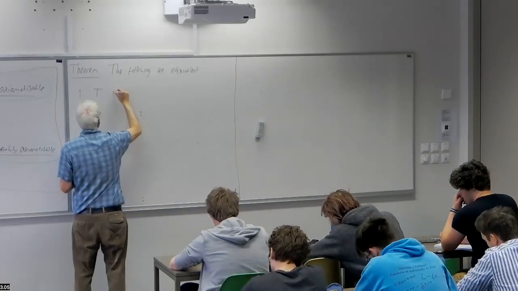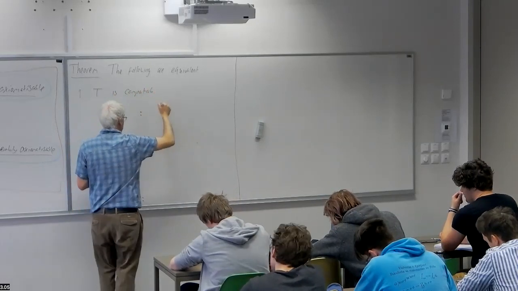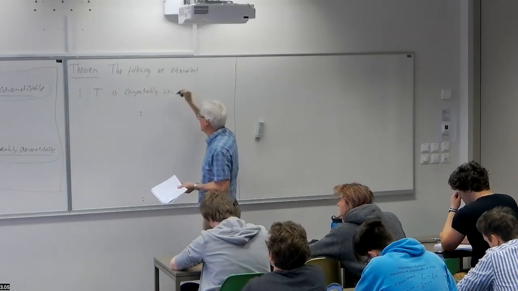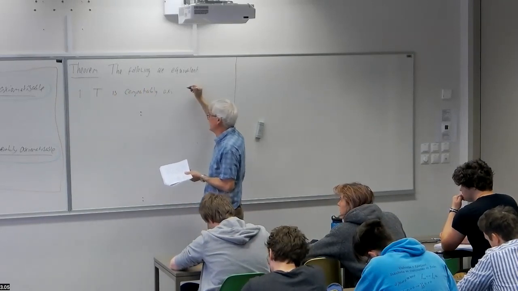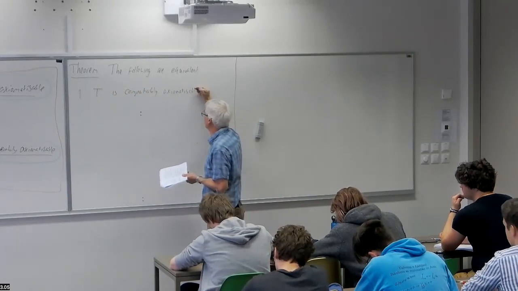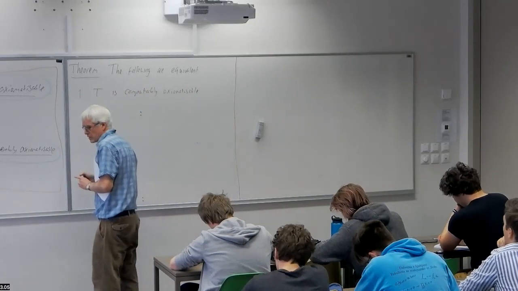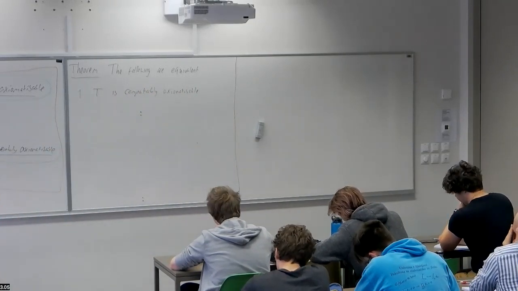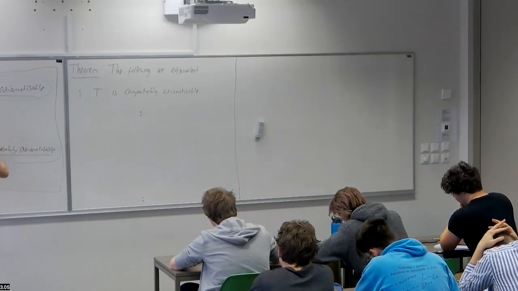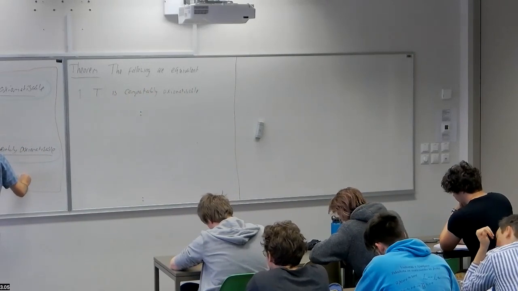One, T is computably axiomatizable. It has a nice decidable axiomatization. So remember, computable means decidable, computably enumerable means semi-decidable, just to remind you.